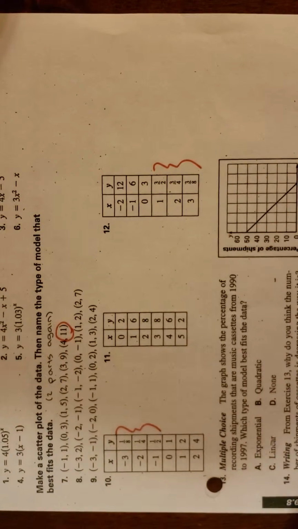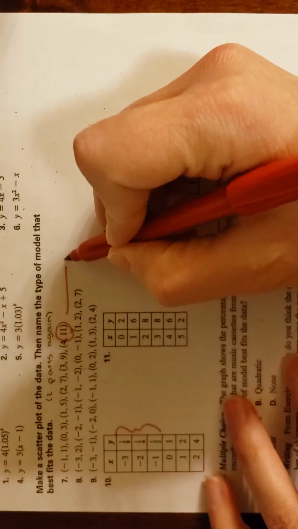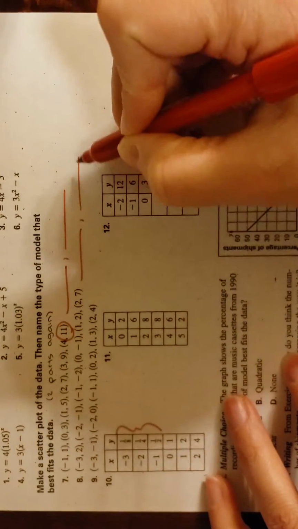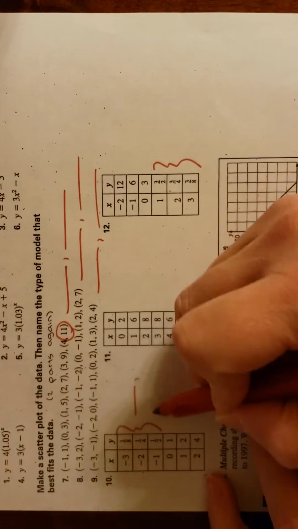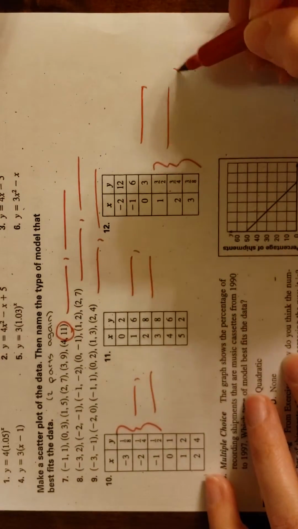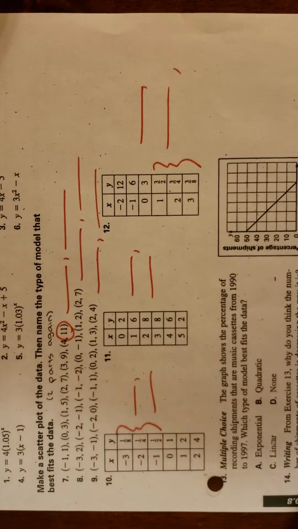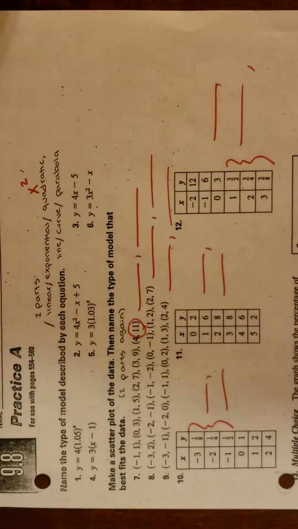You can just estimate. And once you graph them, then you can tell me again if it is linear, exponential, or quadratic, because it makes a line, a curve, or a parabola. So two answers for each of these questions. Good luck with that.